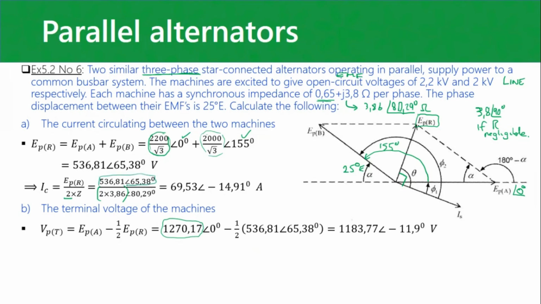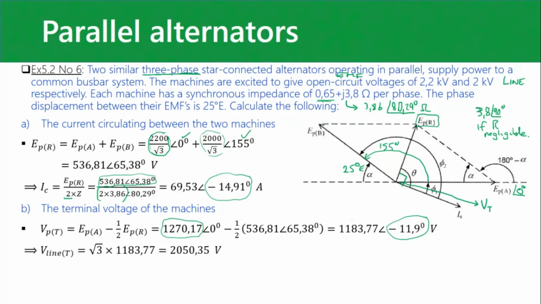Now you'll see that in this case, when you've got resistance in there, this angle and that angle aren't the same. If you just had reactance in the impedance, those two angles will be the same. But let's put our V terminal now. VT is over here. So we convert that to a line voltage.